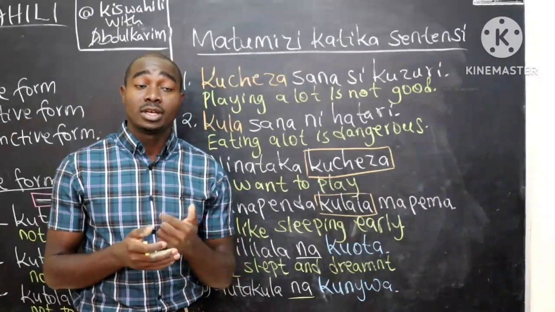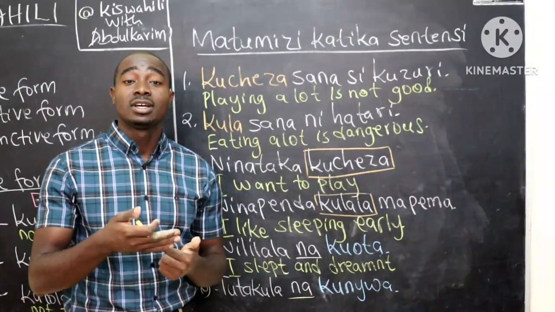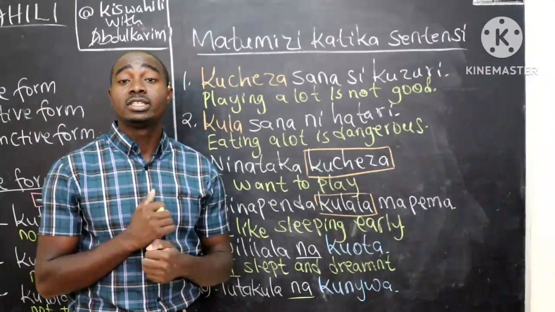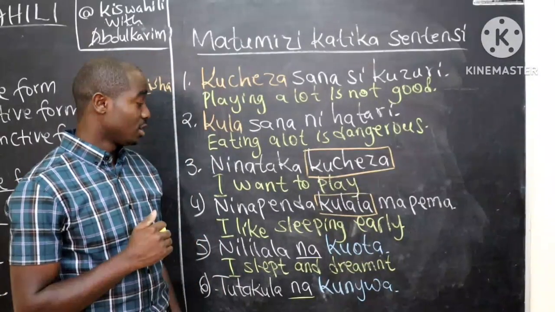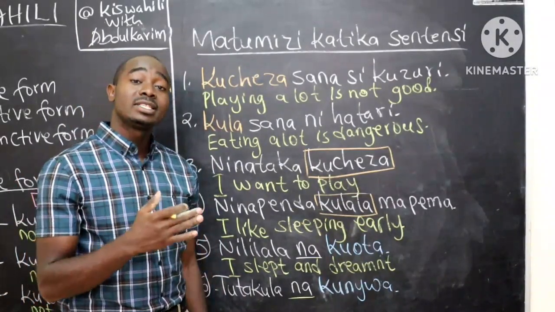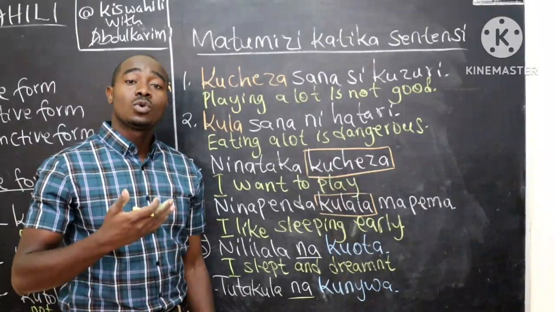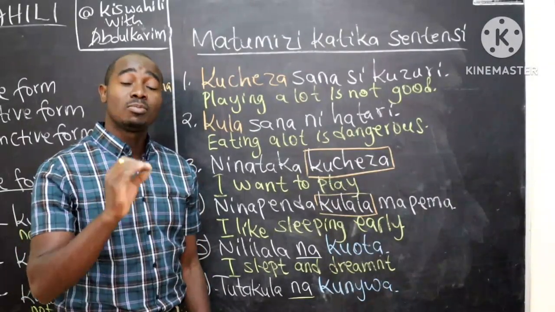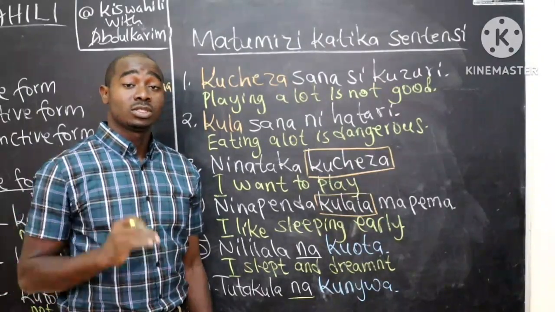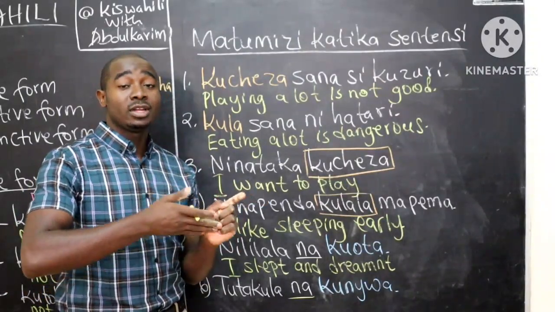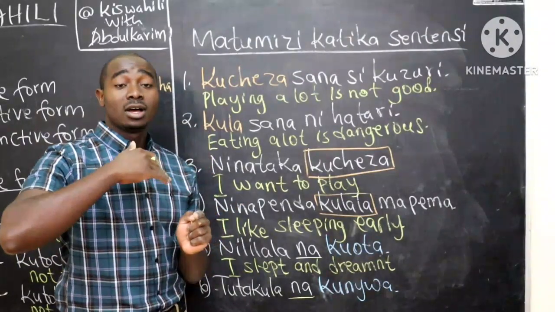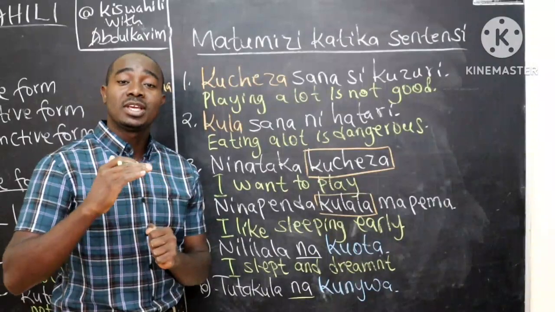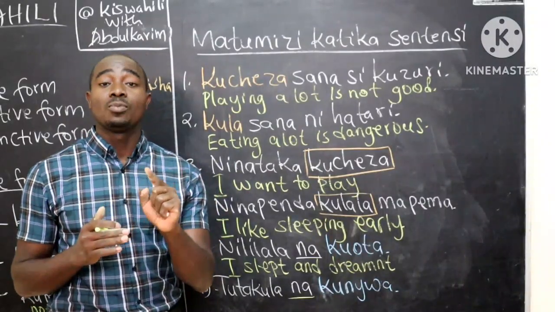He ate by using a spoon. Sawa. Alisafiri kwa kutumia boti. He traveled by using a boat. So that kwa, then kutumia.